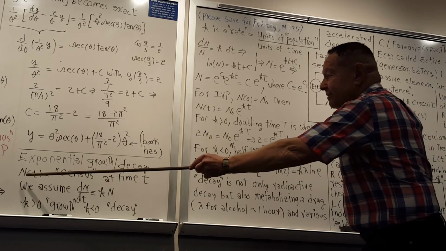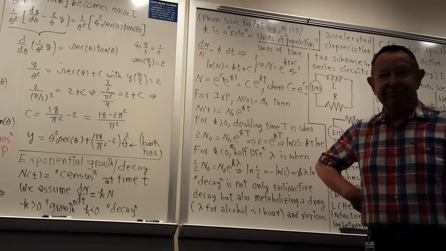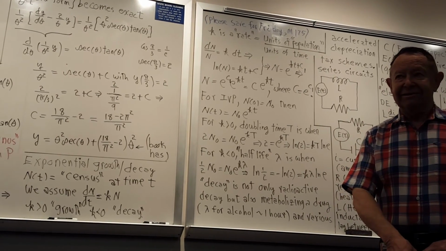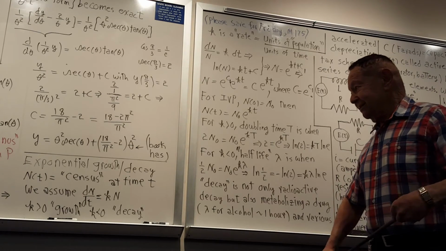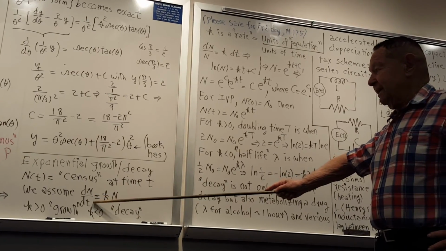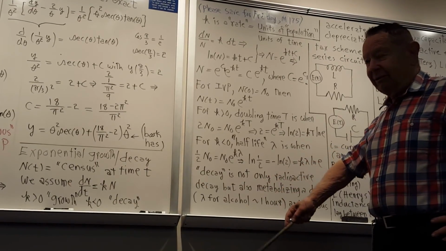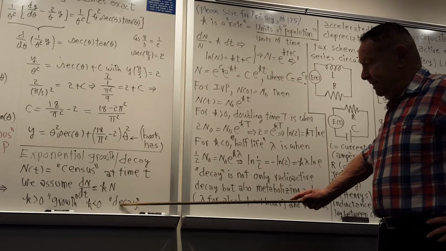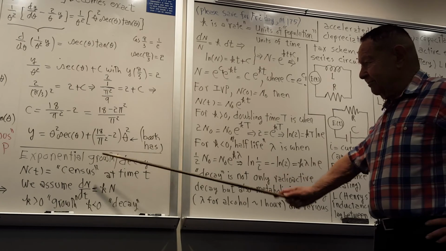So say that we use N of t as the census at time t. There's no reason mathematically that a census has to be limited just to people. And so the assumption that you make is that the rate of growth, if it is growing, positive k, or the rate of loss or decay, if the k here is negative, is proportional.